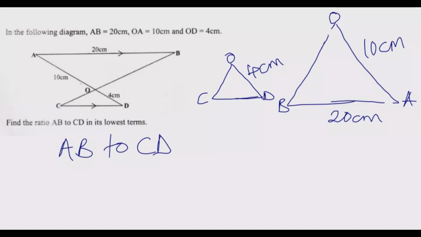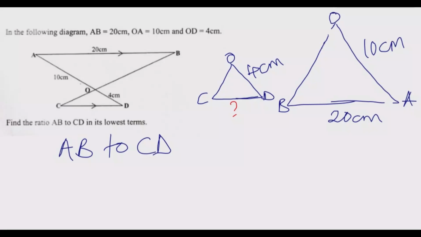Then the line CD is not given, so we can't find its ratio because one side is not given, so it will be very difficult for us. However, since CD is not given, we can identify sides that are given. We can see that OA and OD are given. So we can use those sides.